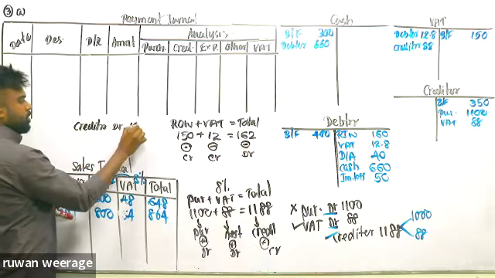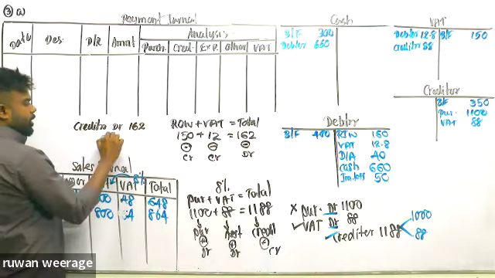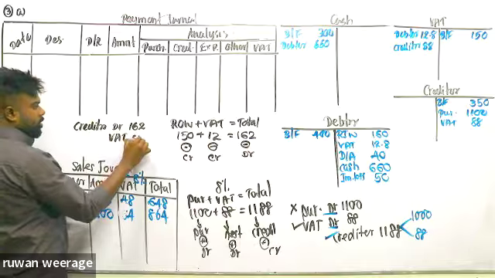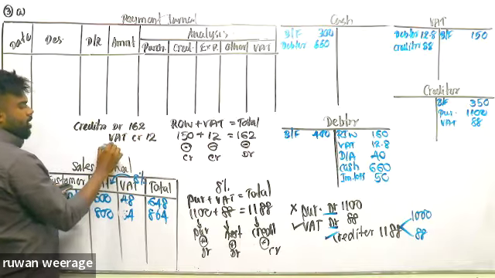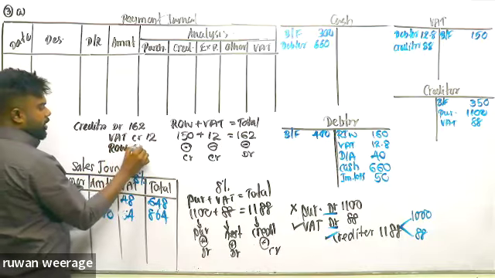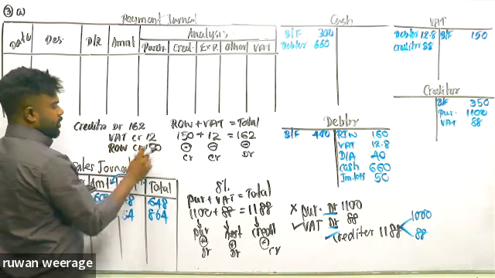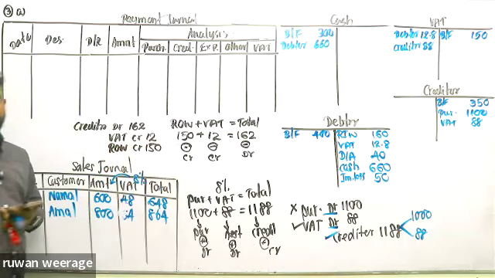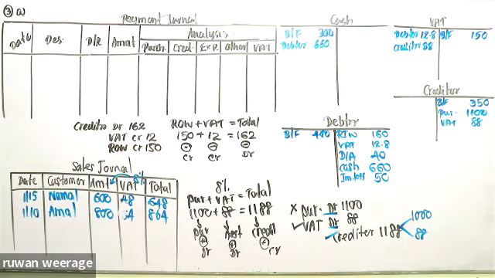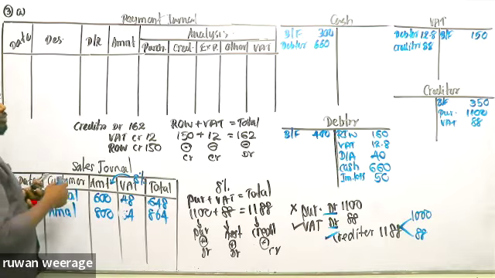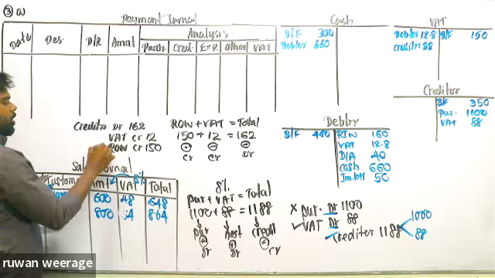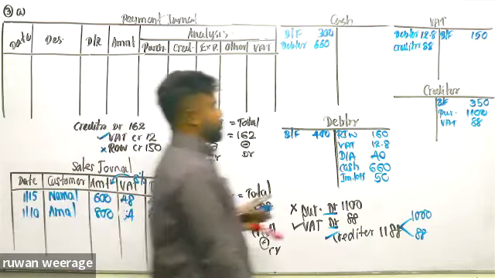debit 162. VAT credit 12. Return outward credit 150. This one. But no need to prepare return outward account. Record VAT credit.